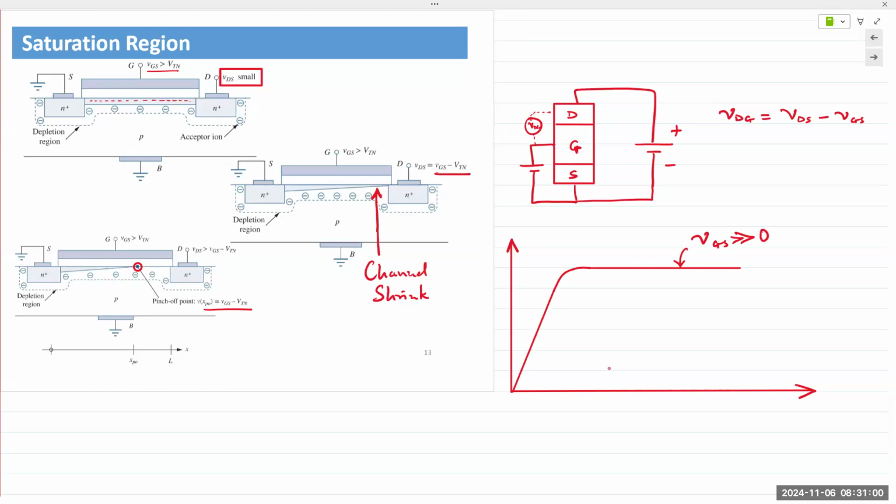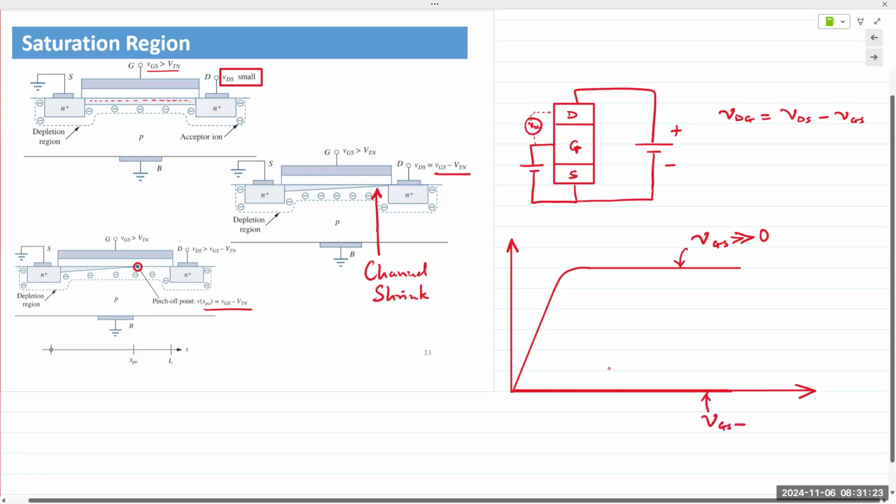Again, this is an enhancement mode device. So this line would be VGS equal to 0 volts. If no voltage is applied, then there is no channel.